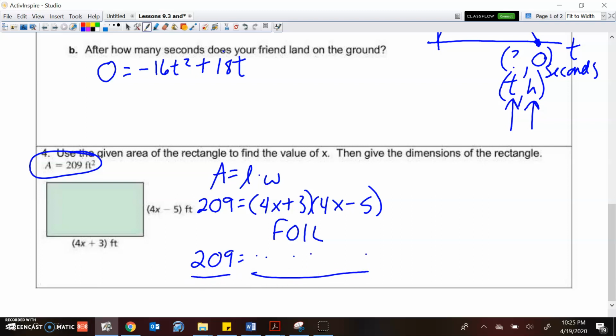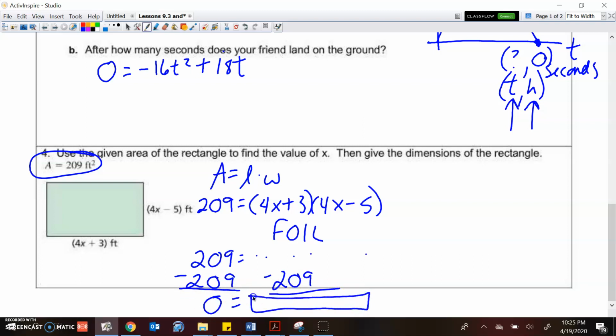So your next job is to subtract 209 from both sides. Then you'll have 0 equals your whole term, and from here you can factor. That'll give you what x is. The last step is to find the dimensions of the rectangle, so you'll sub x back in for your length and width.